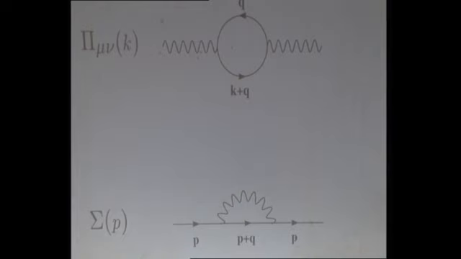Evaluating loop amplitudes involves regularization procedures where you make the loop integrations finite, and then eventually you have to get a result that you can compare to experiment. This is called the process of renormalization, and I'll describe this in detail later on.